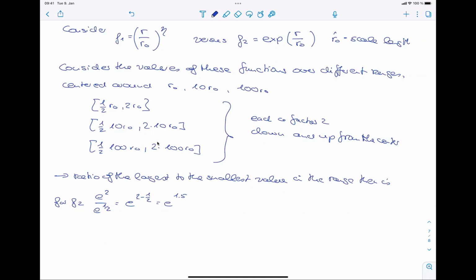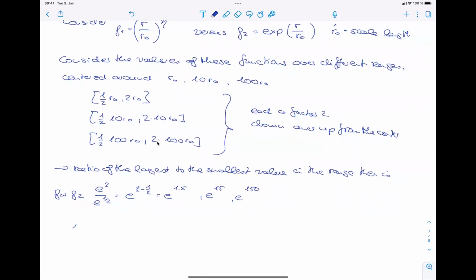Again, I get 20 minus 5, so that gives me e to 15. And for the largest, for the range centered around 100 R0, I get e to the 150.